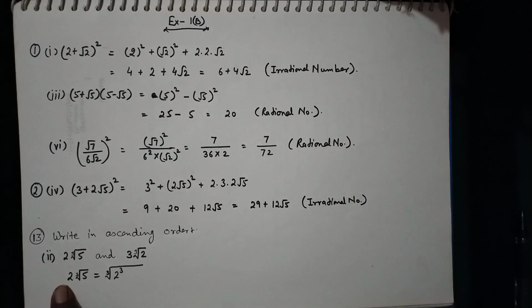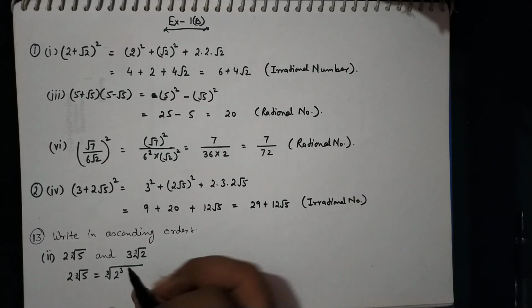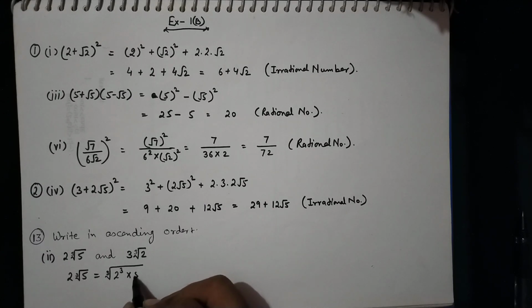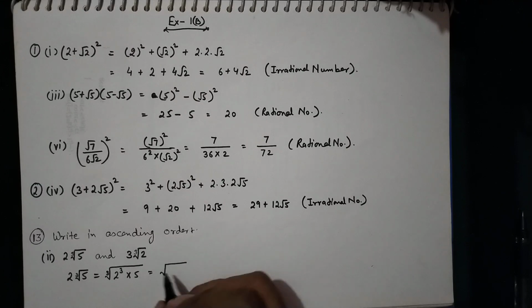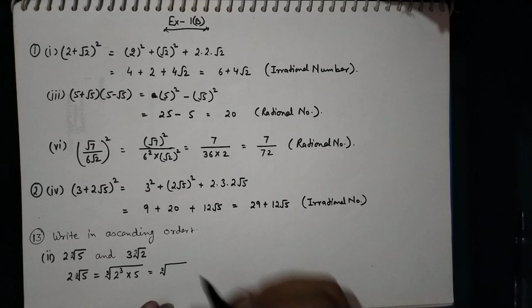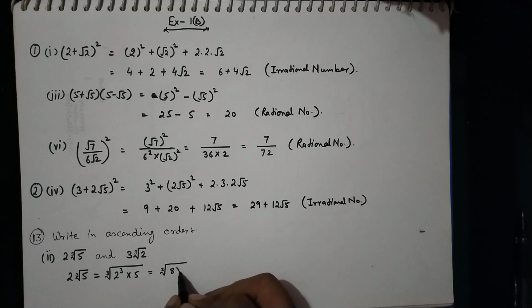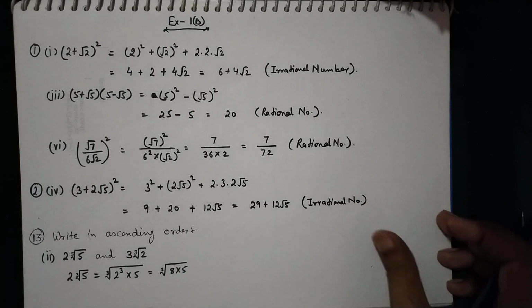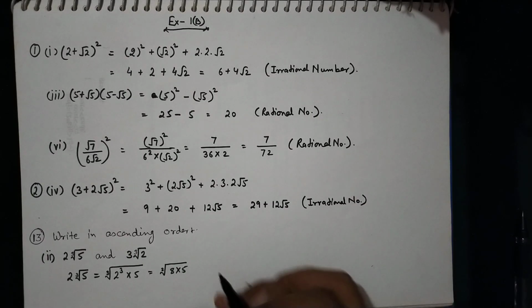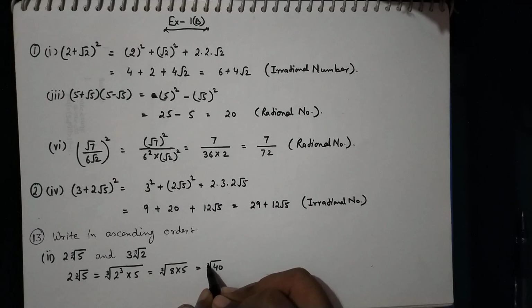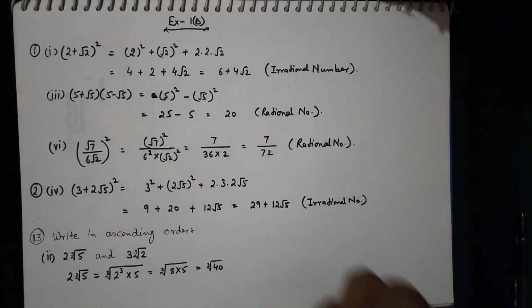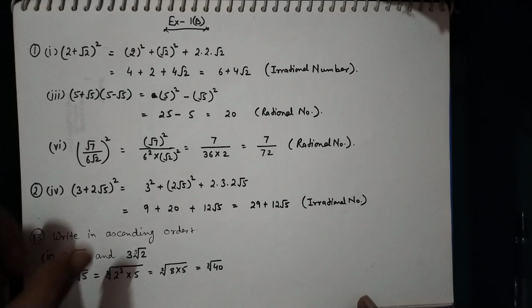Now into 5, so this will become cube root of 8 into 5, and that is equal to cube root 40.